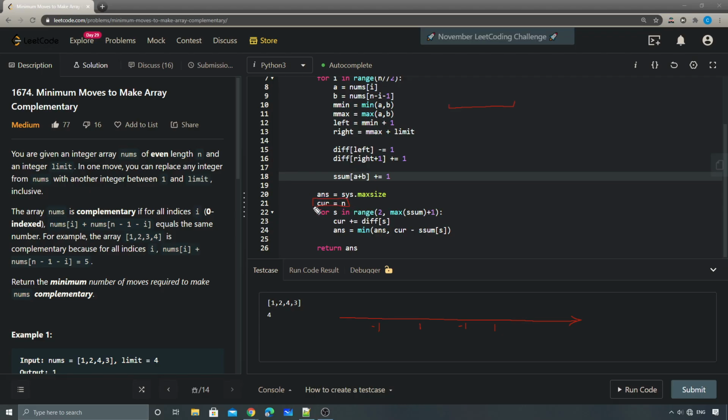Then you can do the line sweeping: every time you enter a range, you do a minus one, and every time you're outside of the range, you do a plus one. And of course, you also need to maintain this zero case. Anyway, a few small techniques combined together, and then you can solve this problem. It's a cool problem, which is also a hard one.